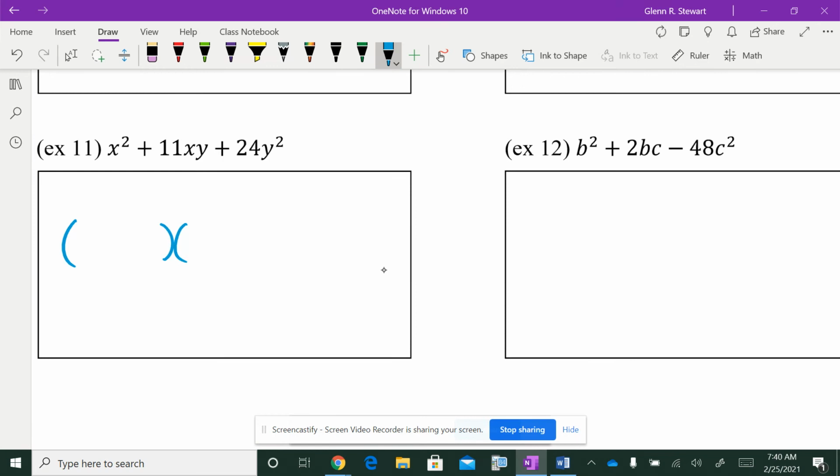What's going to multiply to give you 24 and add to give you 11? Yep. 8 and 3. So we're going to split our x's. And then since it was a +8 and a +3, and now the only difference, because we have that y squared in the back half, we're going to split our y's.